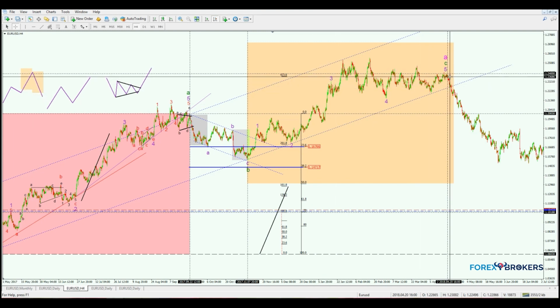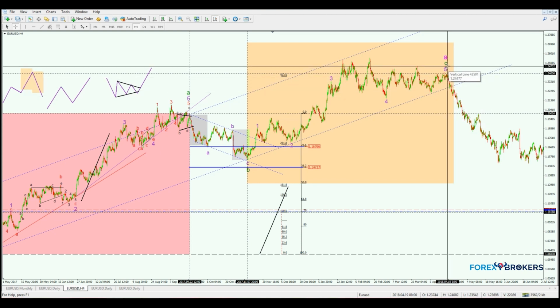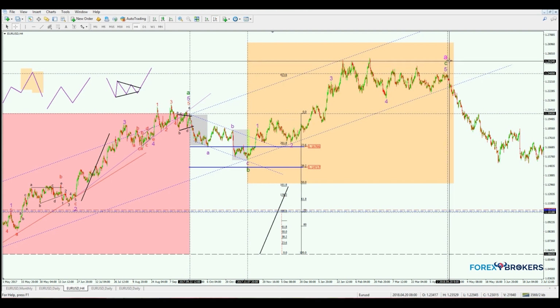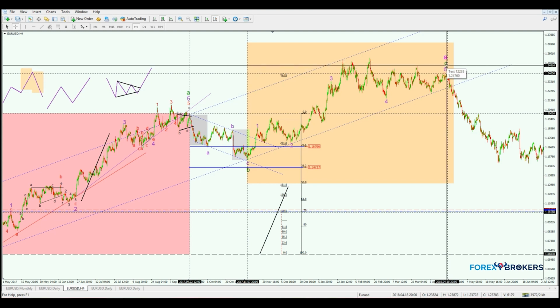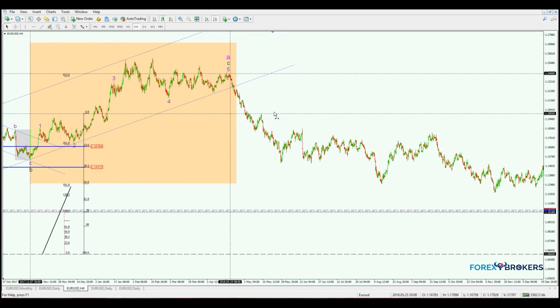The zigzag is completed here. Now, the question by the time that the market breaks lower is whether this end of the C wave, the zigzag, is the end of a cycle of a bigger degree, or the zigzag is part of a complex correction.